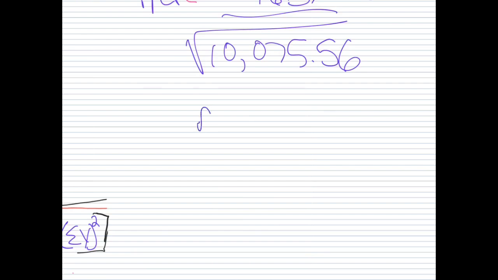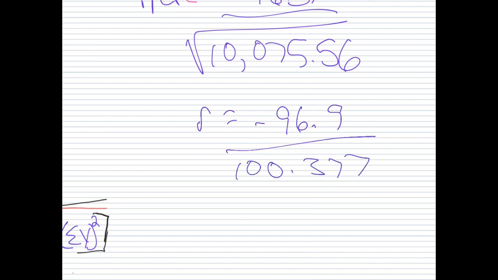Okay. r equals negative 96.9 over 100.377 for a correlation coefficient of negative 0.965.